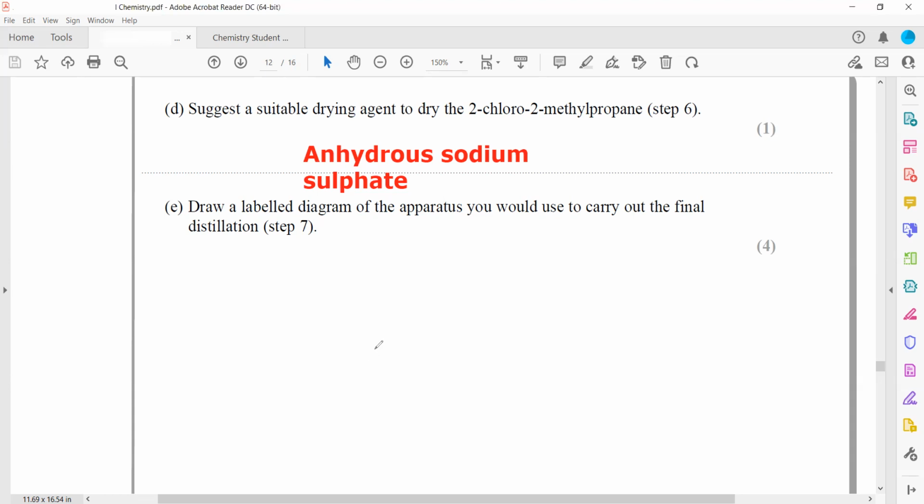So the round bottom flask. Then a Liebig condenser. Here it's closed from the top, and the thermometer is placed to identify the temperature of the vapors.